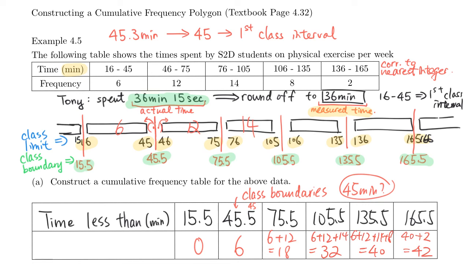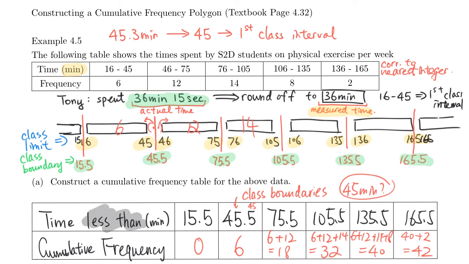So this is frequency, right? But not just frequency. It's the cumulative frequency. Cumulative, 累積, in Chinese means 累積. So you add them up. So it's the cumulative frequency. So remember in the exam, 3 things. First of all, what you write down in the first row is time less than. You have to put the words less than.